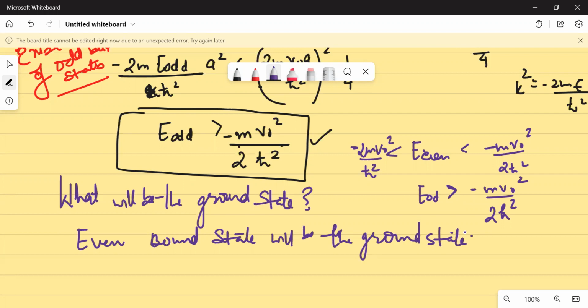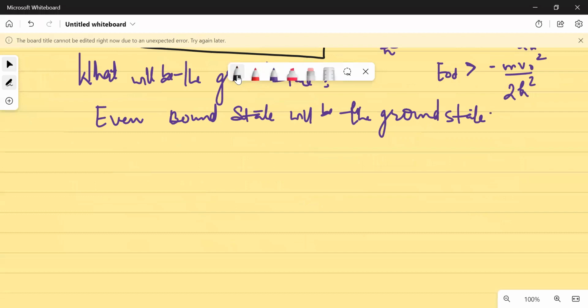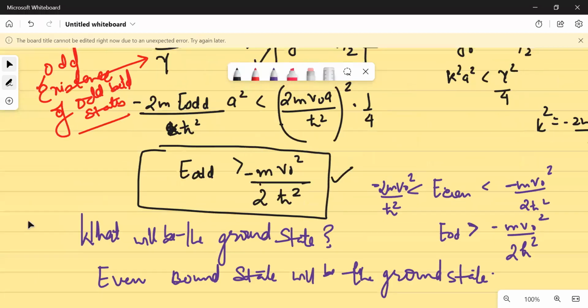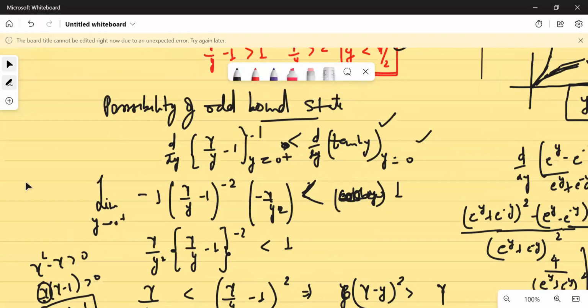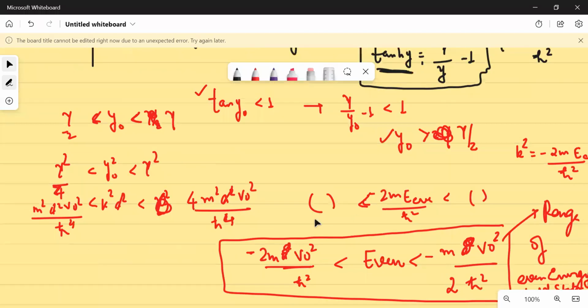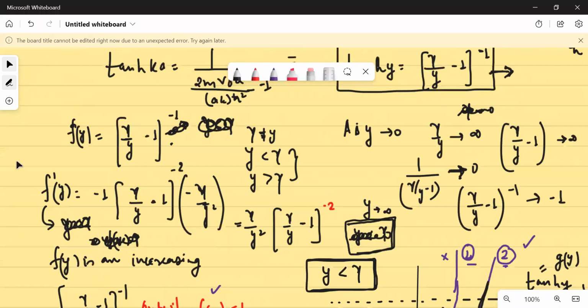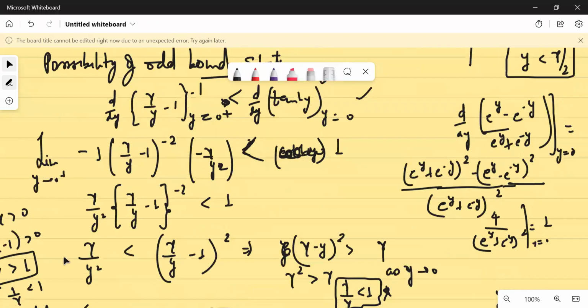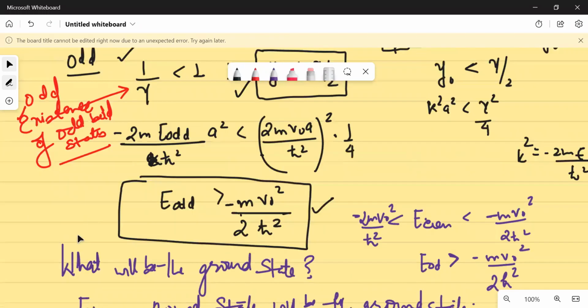Okay, is that clear? Second thing that you should realize immediately is that while we were finding even bound states, we had no condition on gamma, but when we were investigating our odd bound state, we had a condition on gamma.